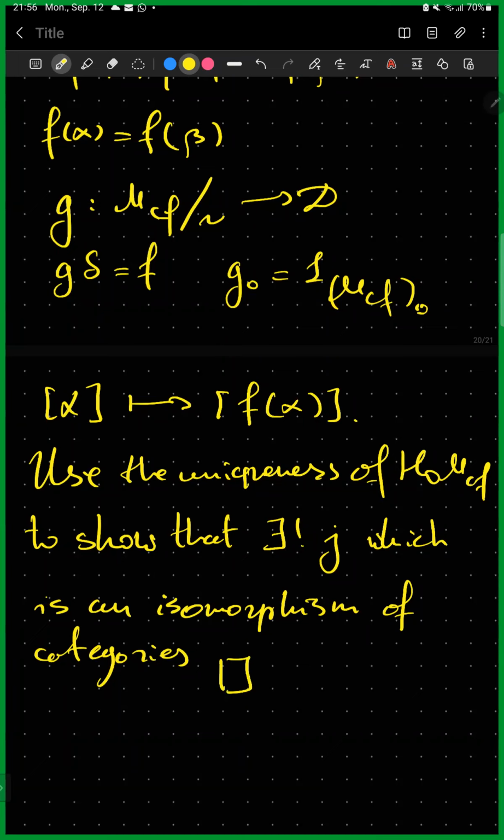So this shows that the homotopy category of MCF can be computed using the quotient under homotopy equivalences. And so this leads us to what is sometimes referred to as the fundamental theorem of the theory of model categories.